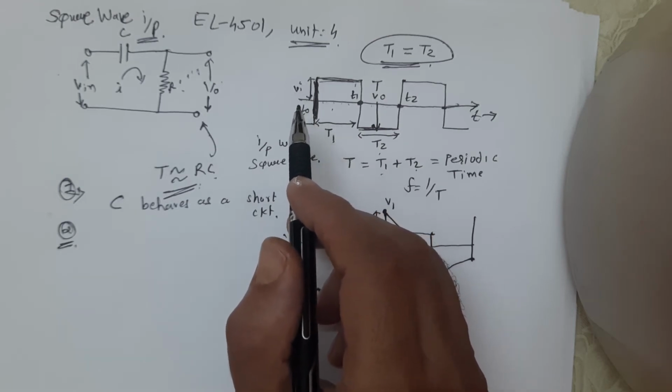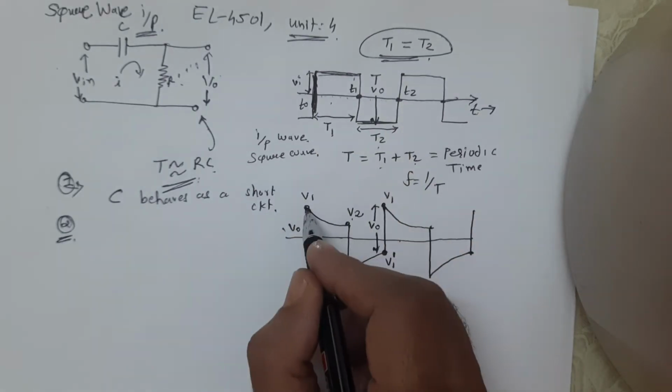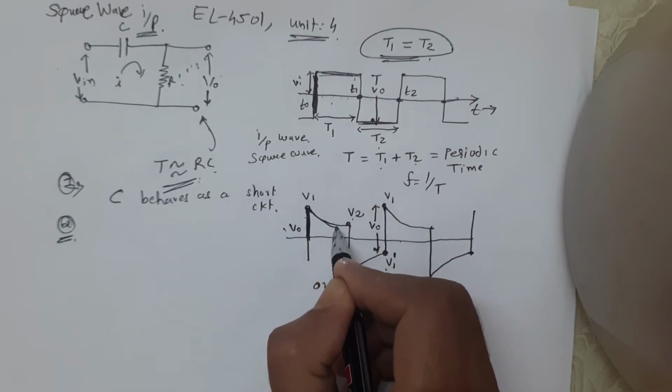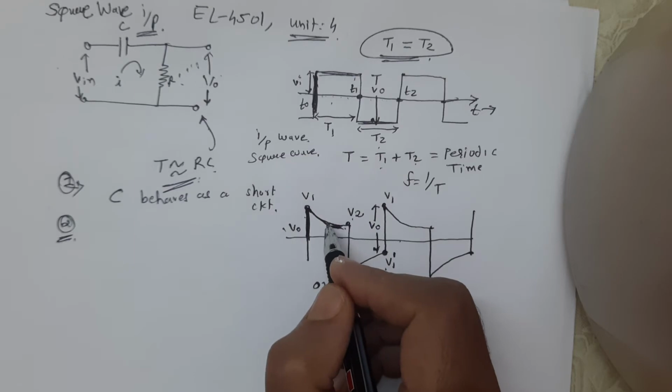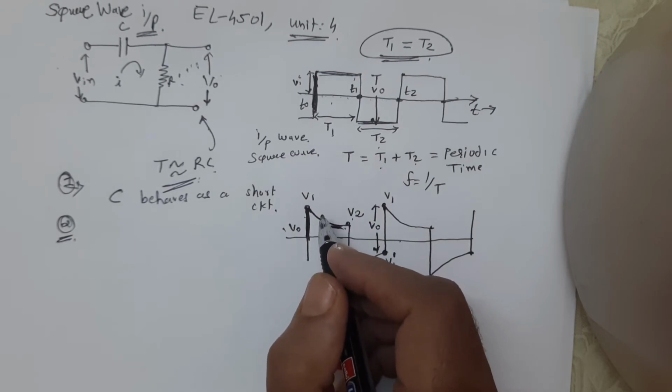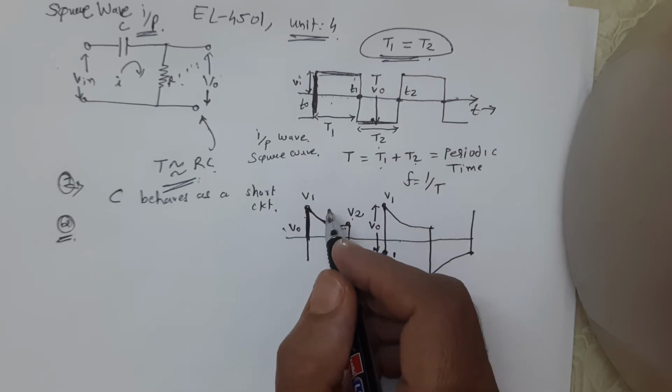As a result, the positive voltage across R goes on decreasing exponentially with the time constant RC of the circuit towards zero. So the output decreases towards zero because the capacitor is now in conducting mode.